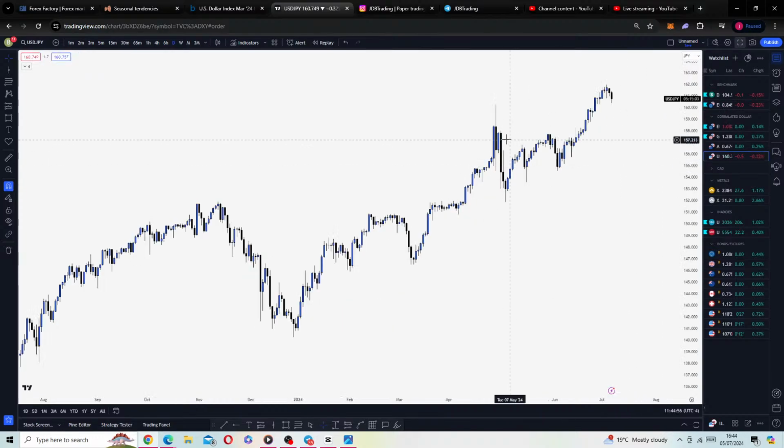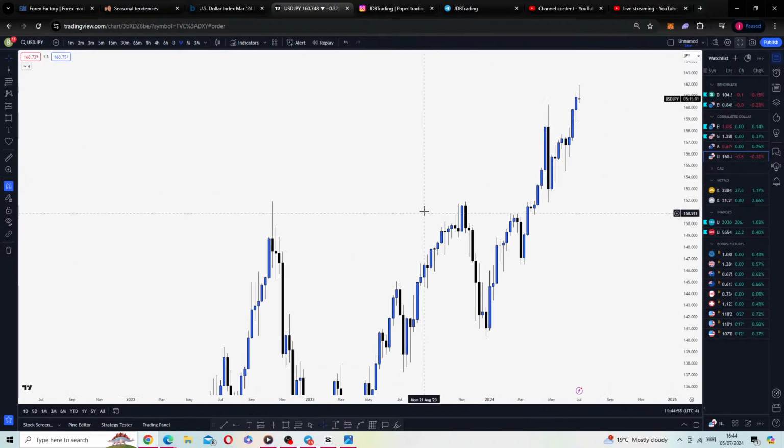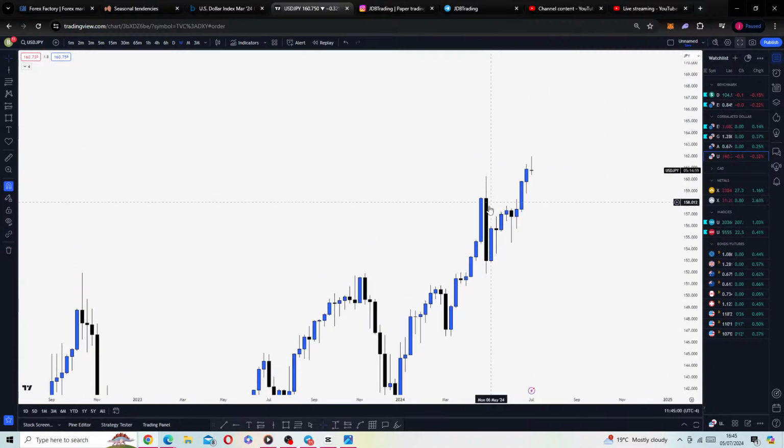USD/JPY, very nice at the moment. The lower premium/discount array has been respected. Reaction off there, boom. High, boom. So it's strong for USD/JPY.